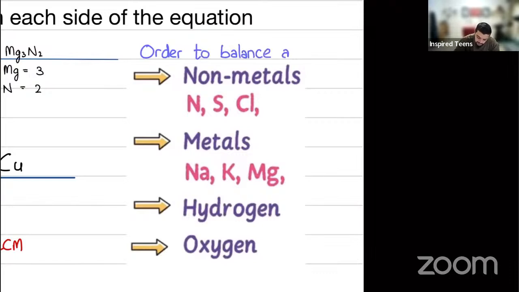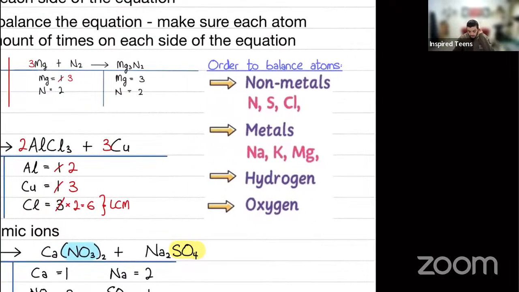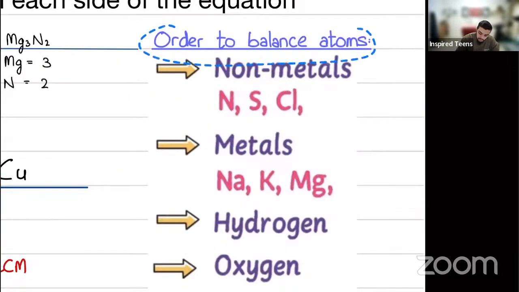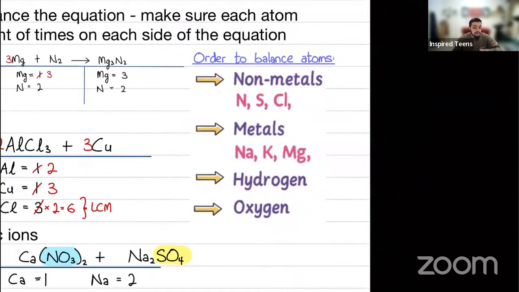It's not going to work 100% of the time, but it will work a lot of the time. A lot of the time you use your discretion and just use logic to answer these questions. However, if you do find yourself stuck, you can use this order to balance the atoms. You want to balance your non-metals first, then your metals, then your hydrogen, then your oxygen.